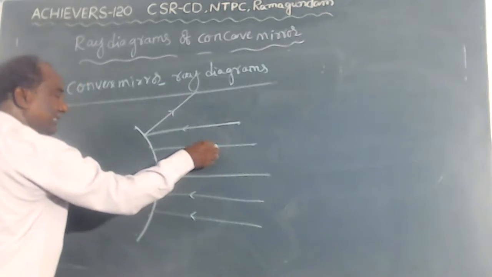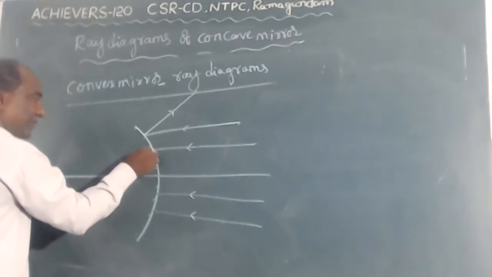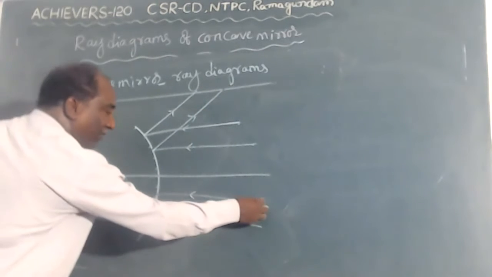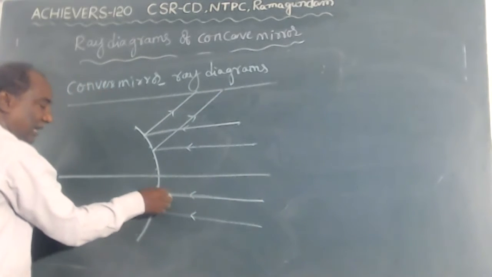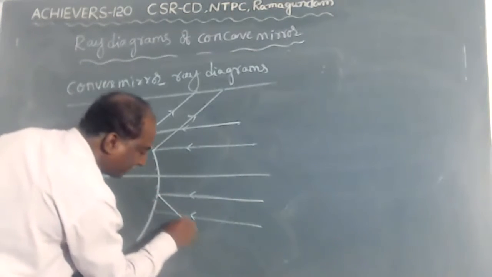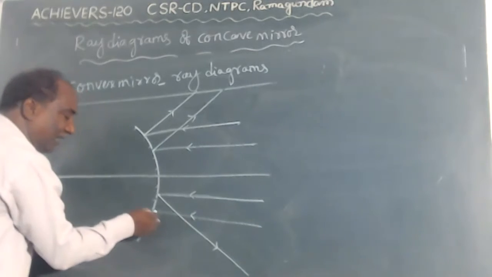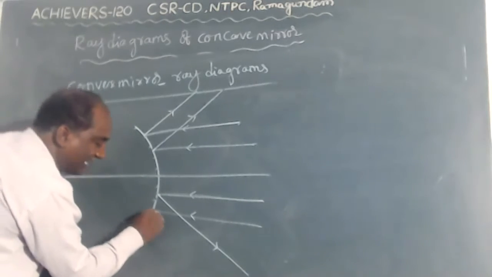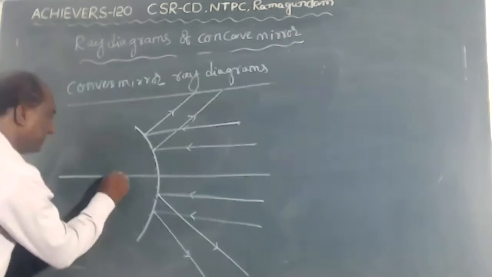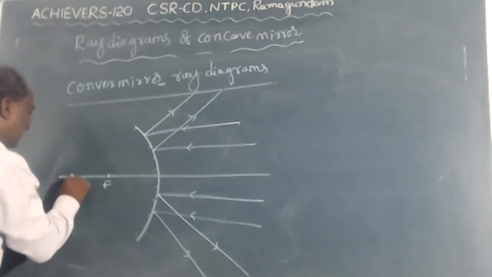One more incident ray, a parallel ray comes from the object at infinity, strikes the convex surface and gets reflected. In the same way, one more parallel ray strikes the convex surface and gets reflected, meaning diverged. One more incident ray strikes the convex surface and gets diverged. And now, this is the focus and this is the center of curvature.